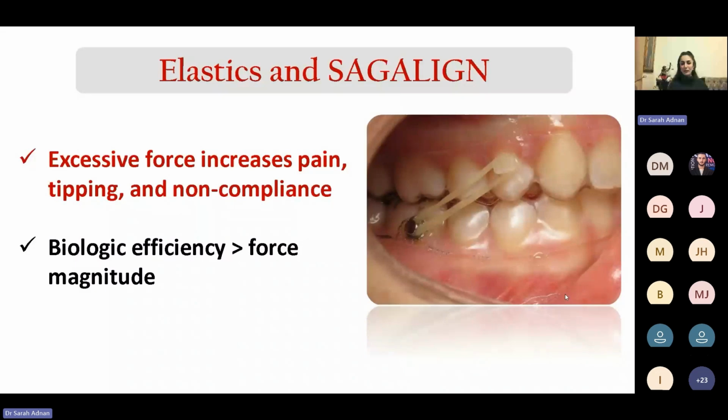Also, it's according to the clinical situation. You can choose your appropriate elastic. So the biological efficiency is much more important than the force magnitude. Heavy forces should be avoided to prevent undesirable side effects.